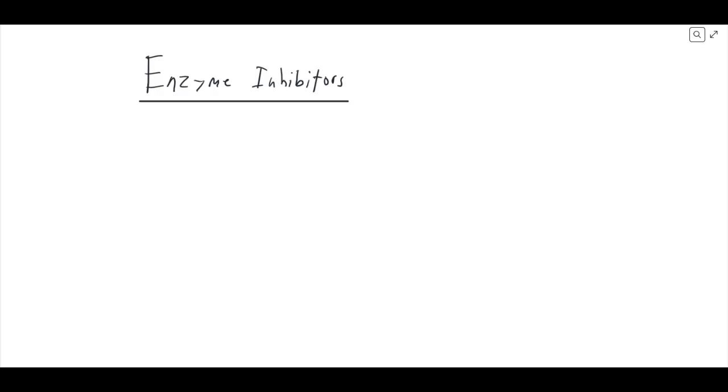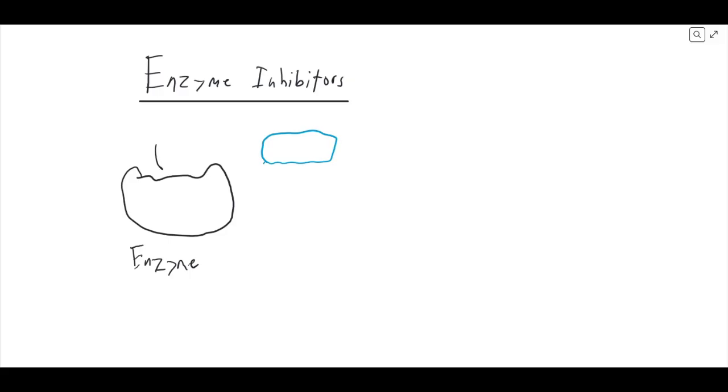So let's say you have an enzyme that's shaped like this, and let's just say we have a substrate that's shaped like that. Because there's an active site here, just assume that this can fit into that.